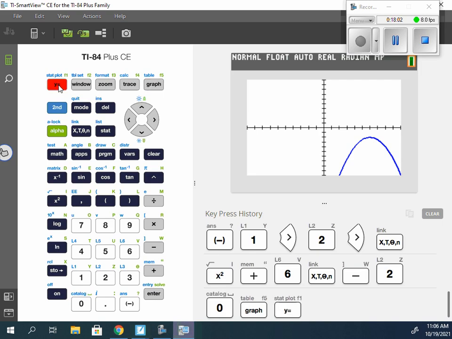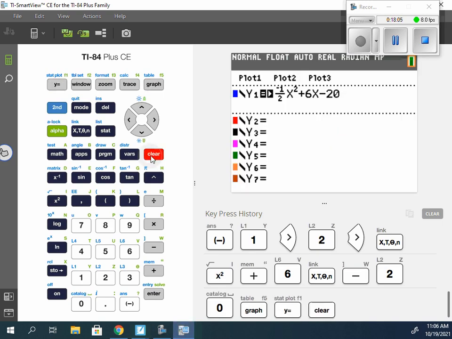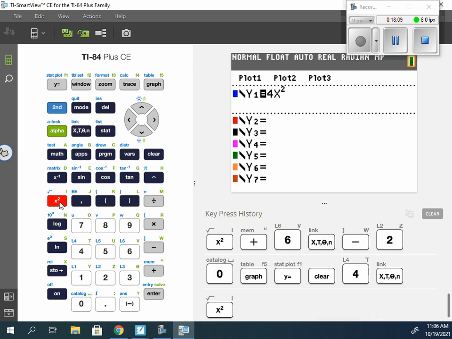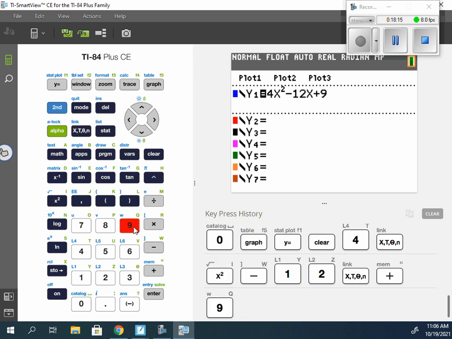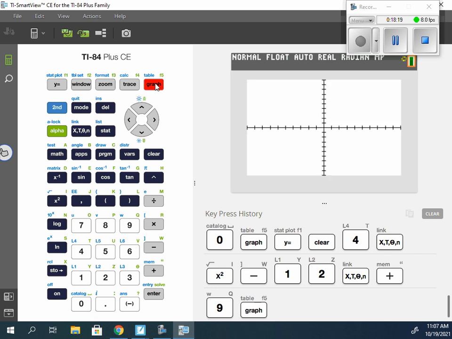So if we want to type this in, we'll go y equals 4x squared minus 12x plus 9. We type that and hit enter. This one does cross the x-axis at where? Well, we can say it does look like it crosses, yes?